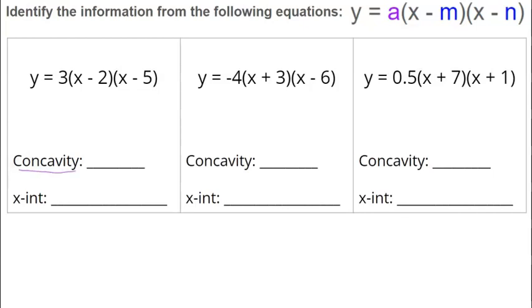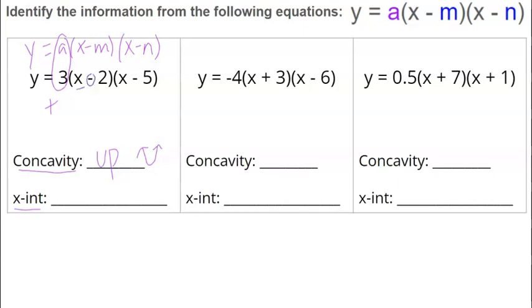So does it open up or down? And then give those x-intercepts. I'm going to start by writing that factored form right above it. My a is positive, which means the graph will open up. It'll be a concave up function. And if we look, everything lines up.